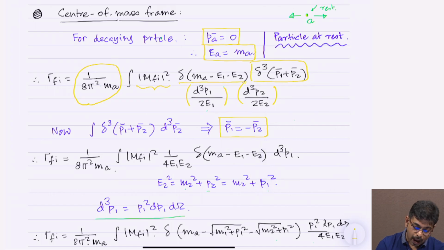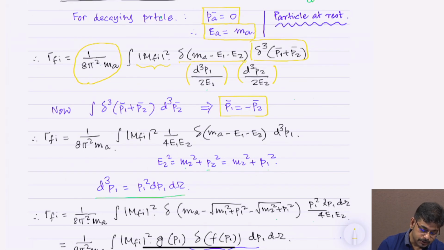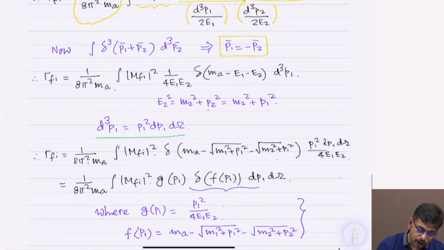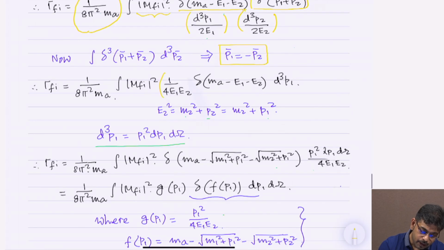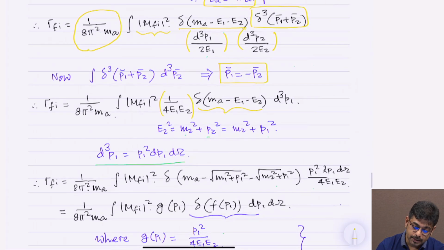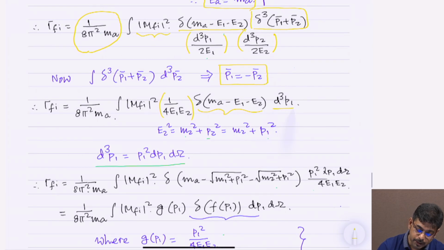So, I can perform one of these integrations, d³P2 say, and reduce the transition matrix element into something like 1/(8π²) Ma |M_a→φ|² times 1/(4E1E2), and the remaining delta function is just this one, δ(Ma − E1 − E2) d³P1.